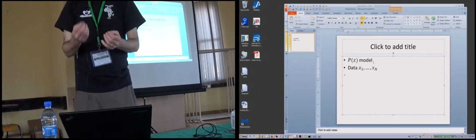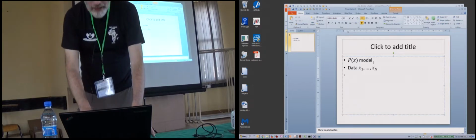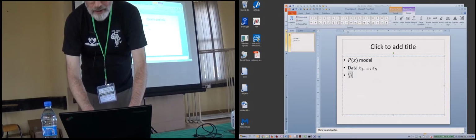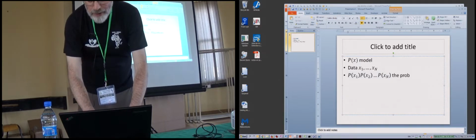Well, we say our probability model is good if it assigns high probability to the data. Because the data points are independent, we could write this as the probability of x1 times the probability of x2 times the probability of xn. That's basically the probability that the model assigns to our training data.